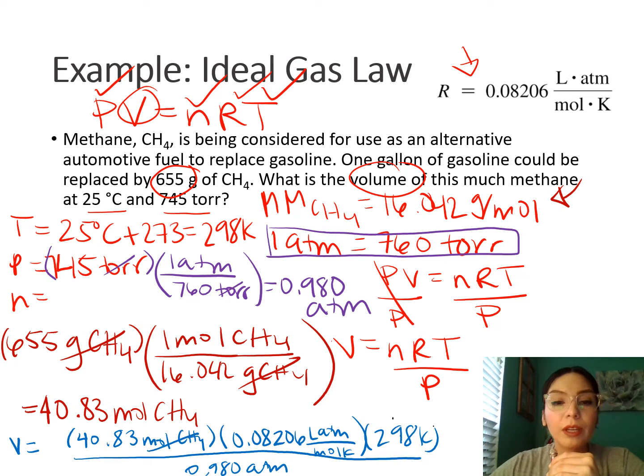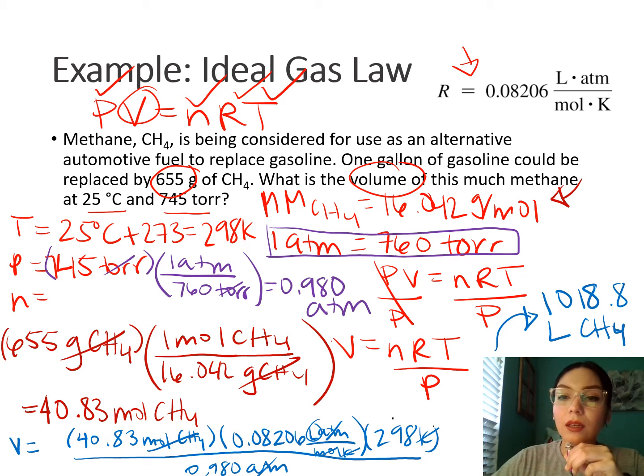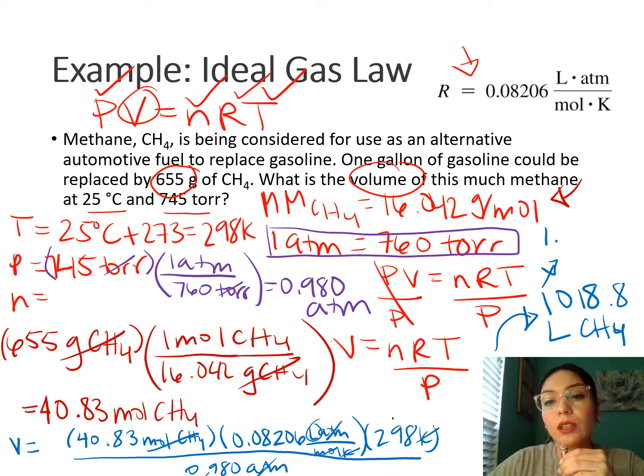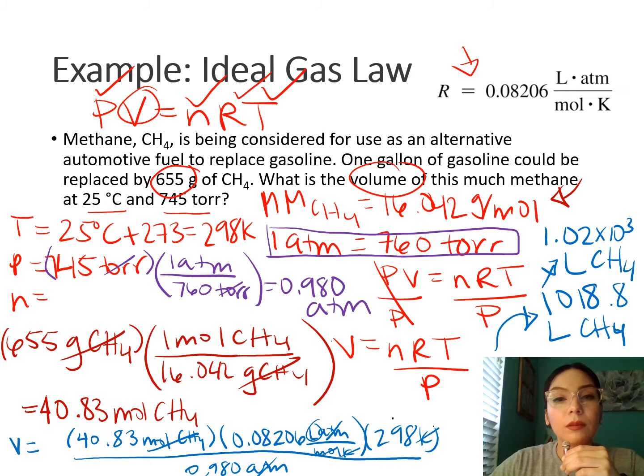Make sure everything cancels, so we have mole canceling with the mole in the denominator. We have Kelvin canceling with the denominator, and up here ATM. And then we're left with the volume, which is exactly what we want. When we calculate this out, we end up getting 1,018.8 liters of CH4. Now this is not in the correct sig figs, so we have to convert this to scientific notation, liters.